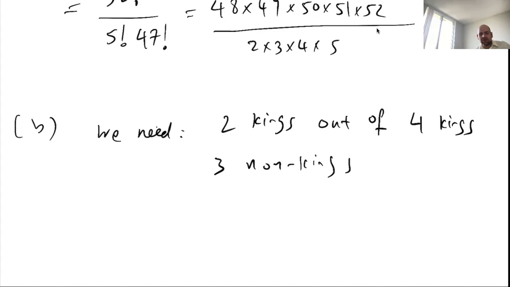We have 52 cards in total, 4 of them are kings. How many of them are non-kings? The remaining, which means 48. So 3 non-kings out of 48 non-kings.